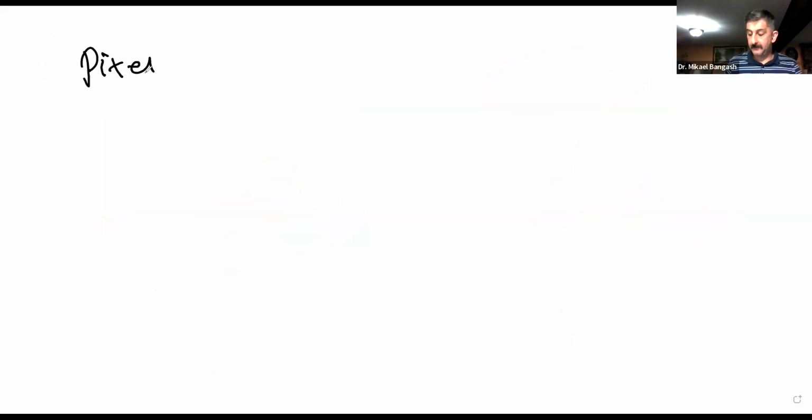It would have been bit had they asked about digital data or digital number. Did that make sense? But the smallest unit of a digital picture is a pixel.